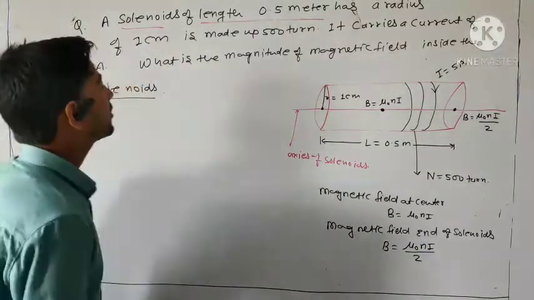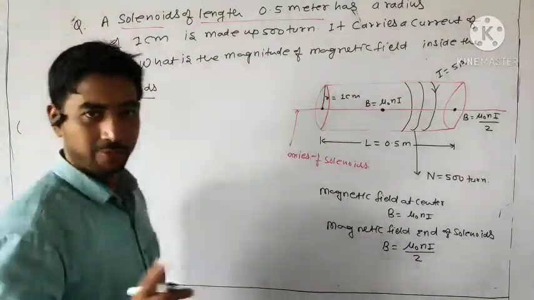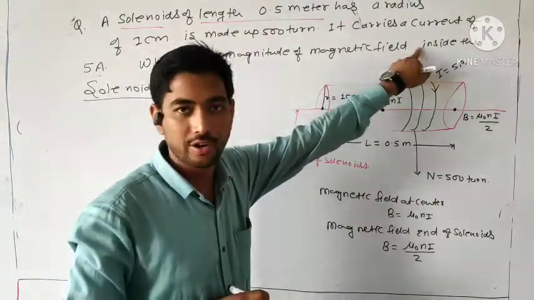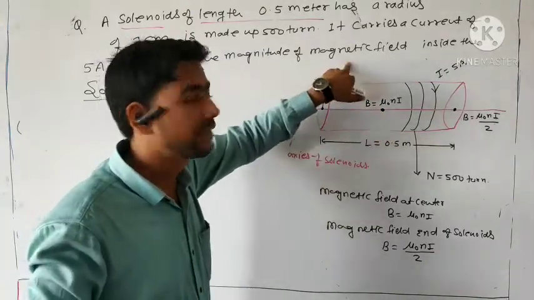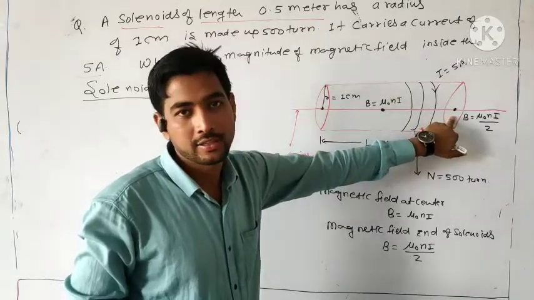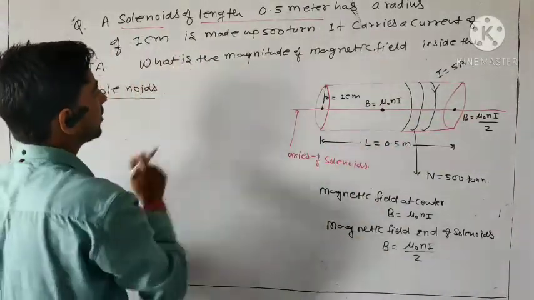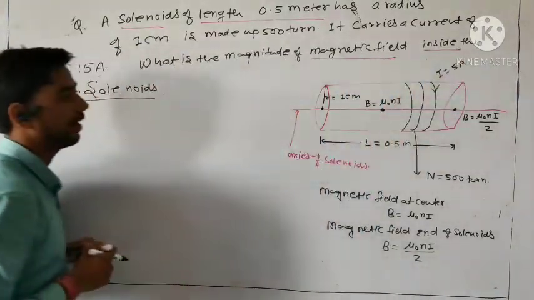So in this question, what is the magnetic field inside a solenoid? If a question mentions to find the magnetic field inside a solenoid, then you have to find it at the center. Always remember. If a question mentions to find the magnetic field at the end of the solenoid, then you have to find it here or here. But if the question mentions magnetic field inside, that means you have to find it at the center.